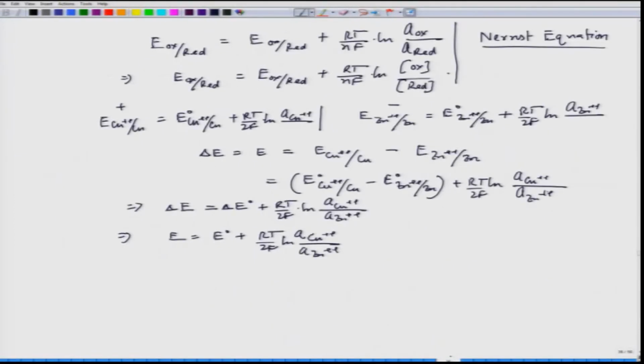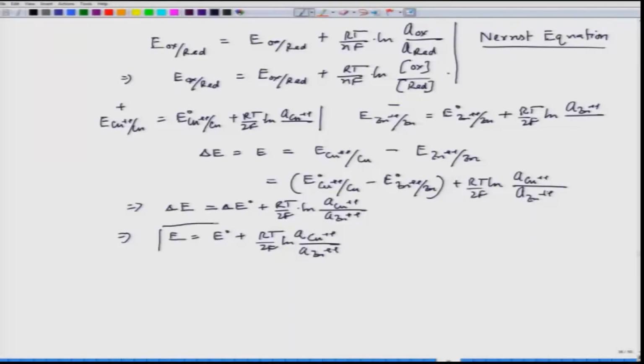So, we can also get to the same equation considering the individual cells, or considering individual half cells. So, this relation will enable me to find out E as a function of concentration of copper plus plus and zinc plus plus. This is an extremely important statement.